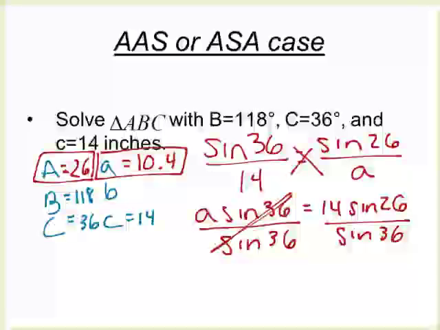We still have one more side to solve for. To do that, we apply our law of sines again, going back to the original pairing of sine 36 and 14, but this time using the 118 with b. Cross multiply.